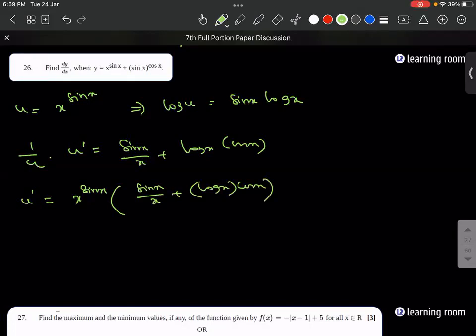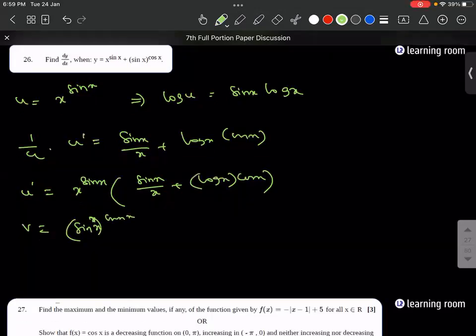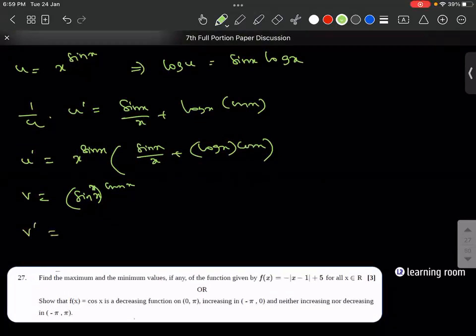So what about v dash? V is sin x power cos x. So log v is cos x into log of sin x.